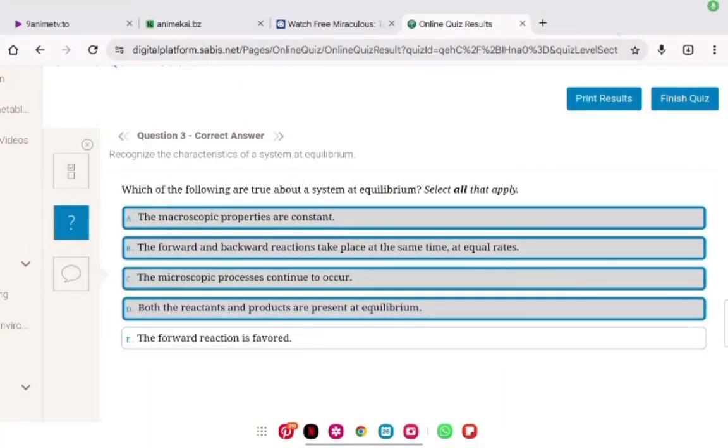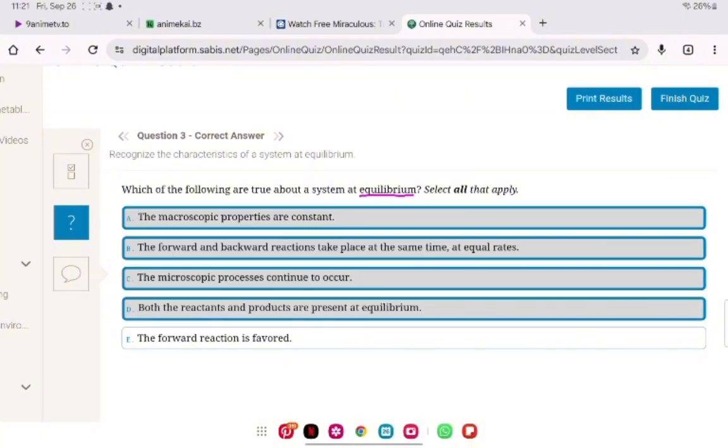Okay, so the question is saying which of the following are true about a system at equilibrium. Equilibrium means that the backward and forward reactions are happening at the same speed, at the same rate. The first one says the macroscopic properties are constant. Macroscopic means something you can see with your eye.